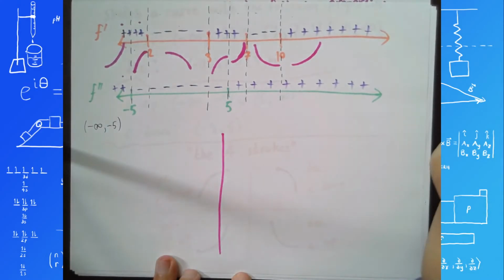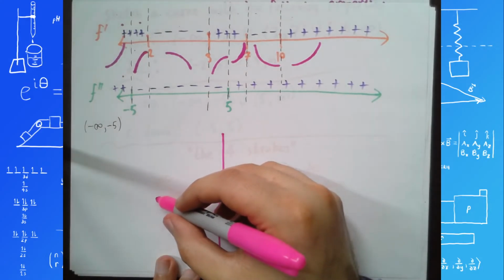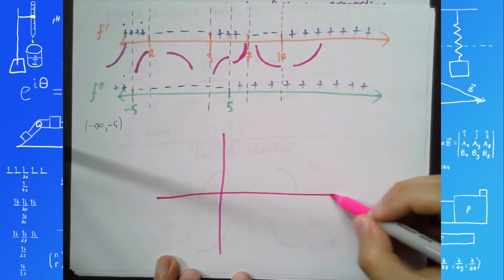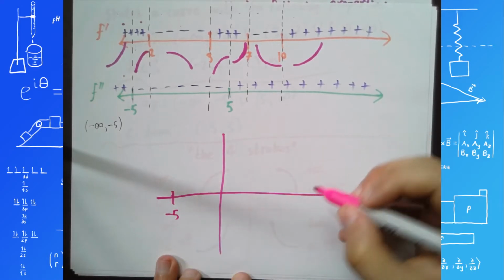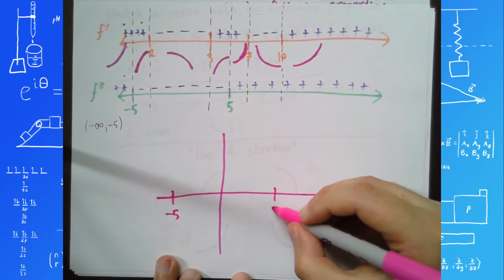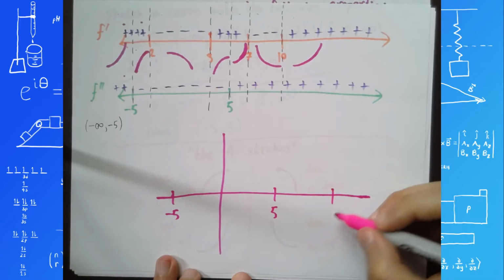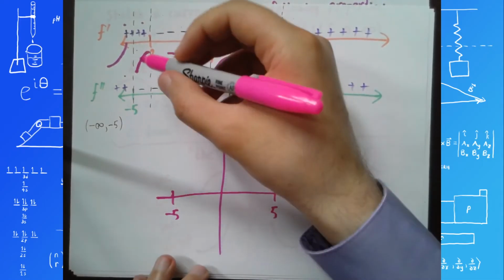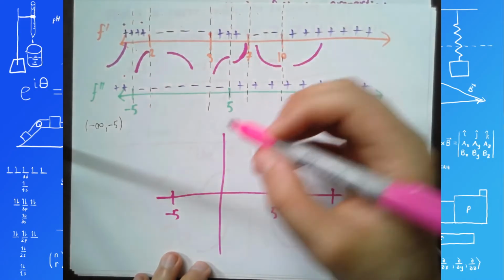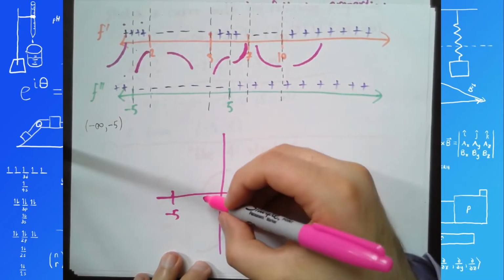Yeah, I want -5, and I want my x-axis to go all the way up to +10. So here's -5, here's +5, and there's +10. And I guess it might be worthwhile to mark all these other points. So -5, we've got 2.